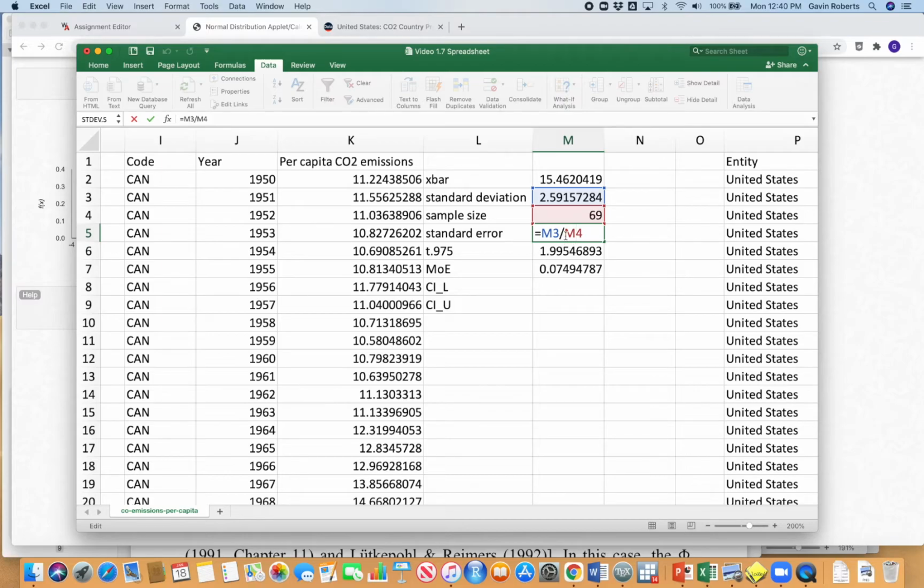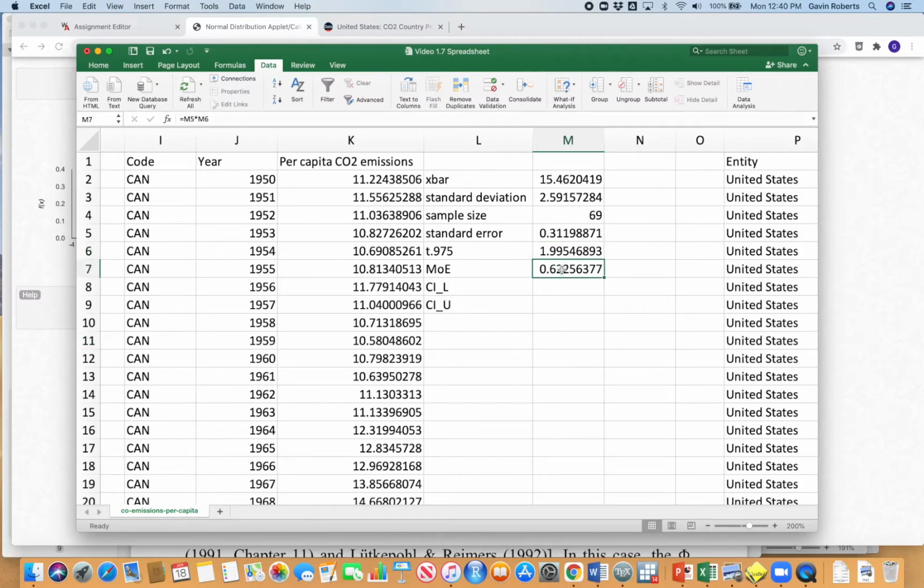Standard error, oops, I forgot to divide by the square root of my sample size. Maybe some of you guys got that before. So always a good thing to go check, because that gave us quite a different number right there, 0.622. So the standard error is the standard deviation divided by the square root of the sample size, of course.